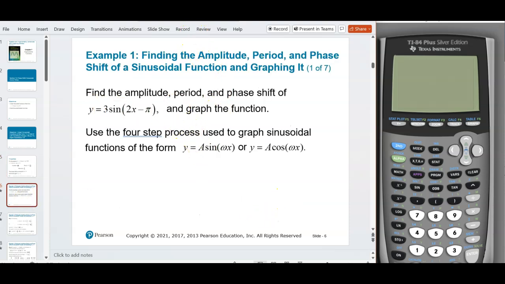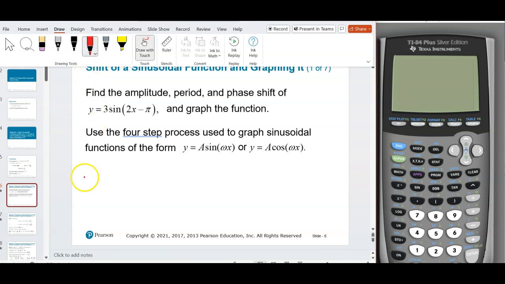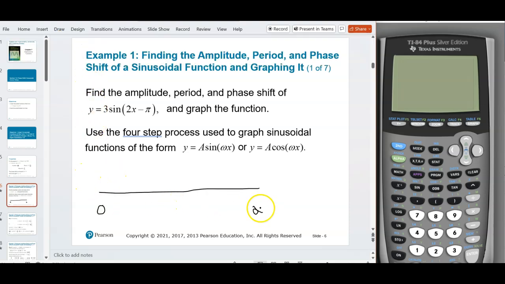So, like I said before, the typical period is from 0 to 2 pi, okay, with pi in the middle and then pi over 2 and 3 pi over 2 as those quarter and 3/4 points.